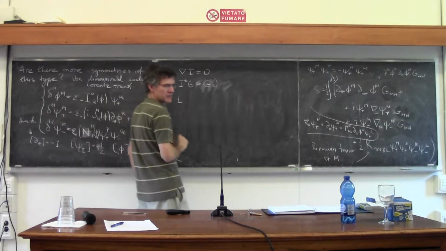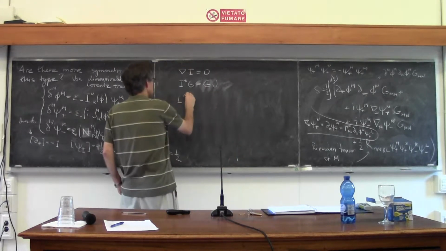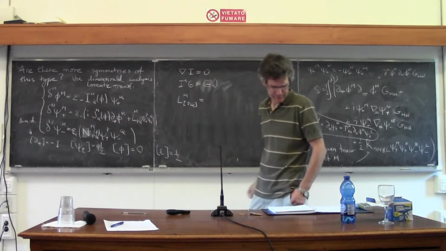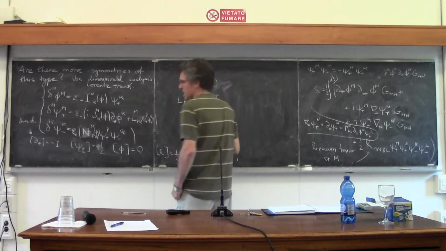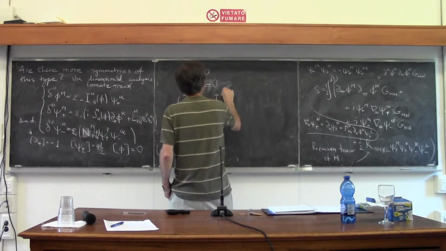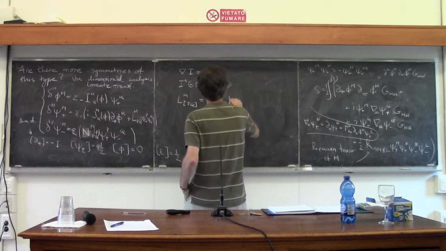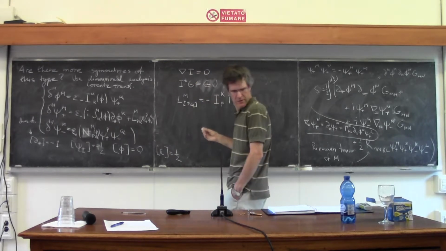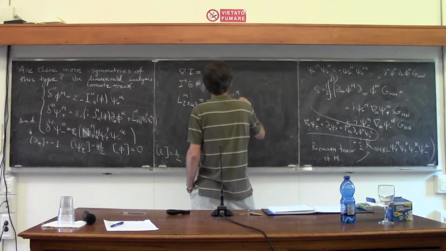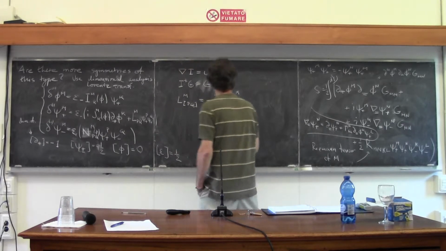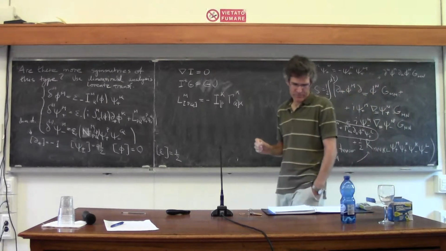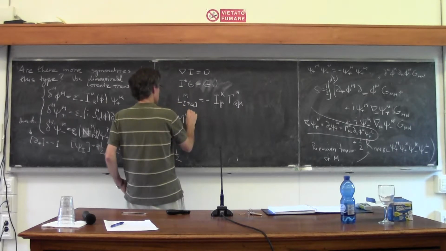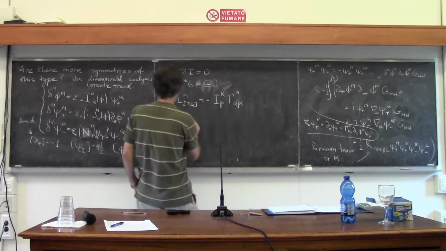You work a little bit more, and you find that this tensor has to be related to the connection coefficients in this way, and M similarly has to look like this.